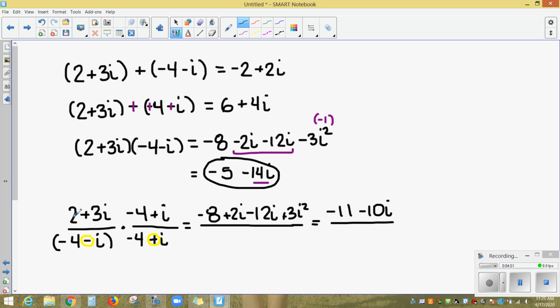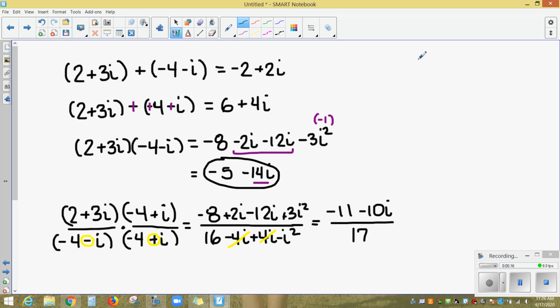On the bottom, when we distribute, what we've done here is created a difference of two squares. I'll write it out just in case we're rusty. And notice our outer terms and our inner terms are opposites, and so they go away. And what we're left with is 16 plus 1, which is 17.